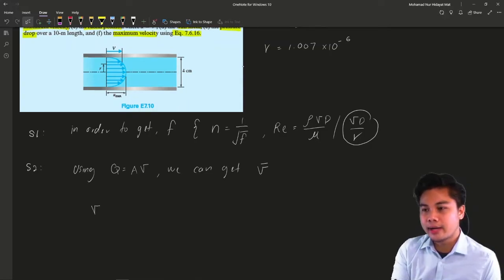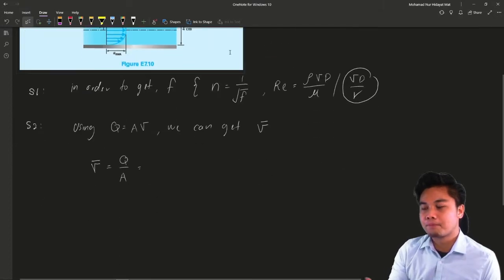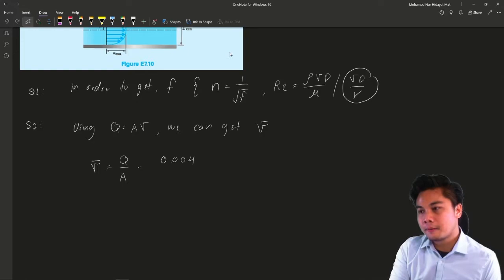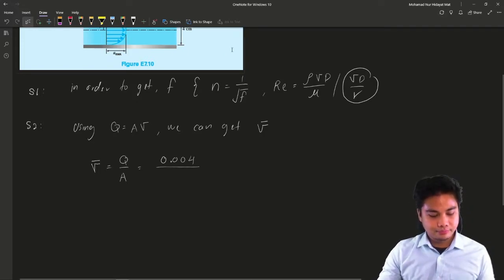Rearranging, average velocity equals Q over area. Q here is given, 0.004, over the cross-sectional area.